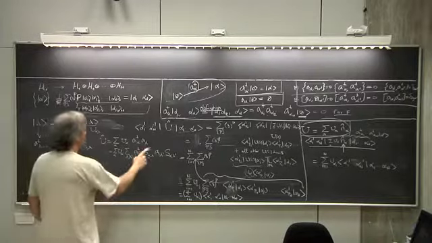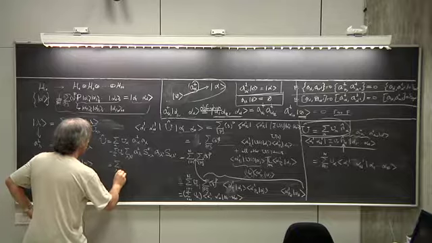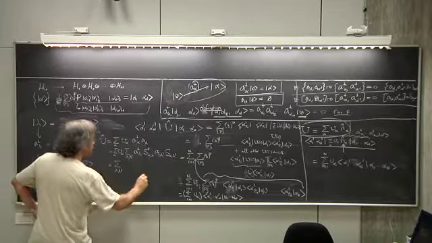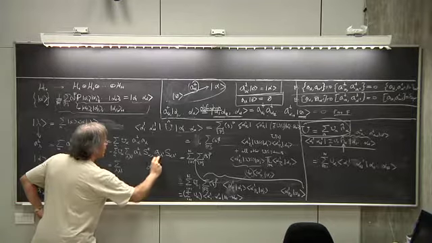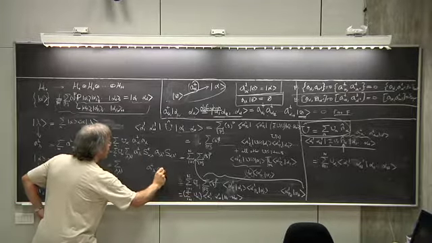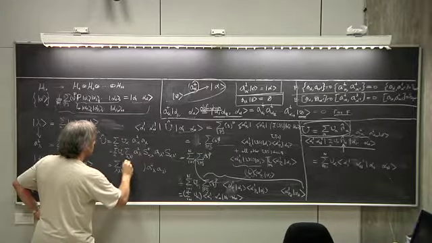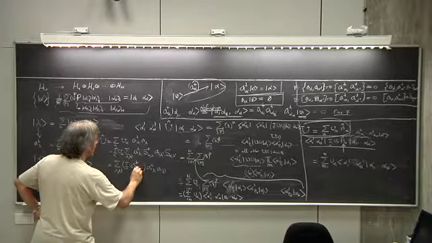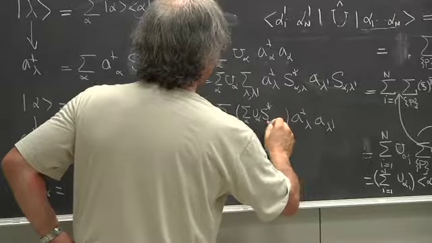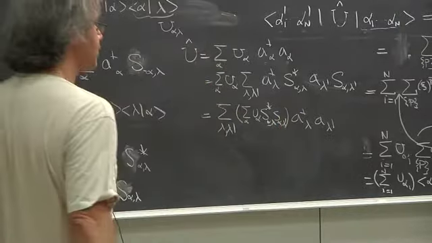And then I rewrite this as the sum over lambda and lambda prime of A dagger lambda, A lambda prime, times a matrix element that is the sum over alpha of U alpha S star alpha lambda S alpha lambda prime.